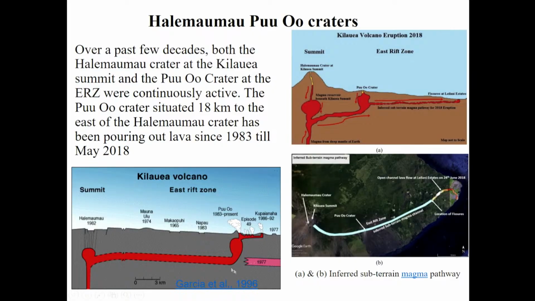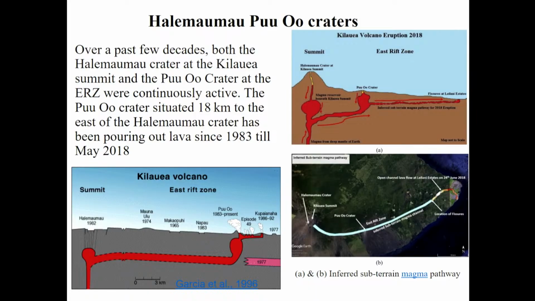In 1996. Now in the 2018 volcanic eruption towards the east rift zone, since this Puo crater was there, the volcanic eruptions had started. Based on the fissure information, when the modeling was done, this model image was generated, and based on that, one will be able to understand the direction of the magma flow as well as the lava flow also.